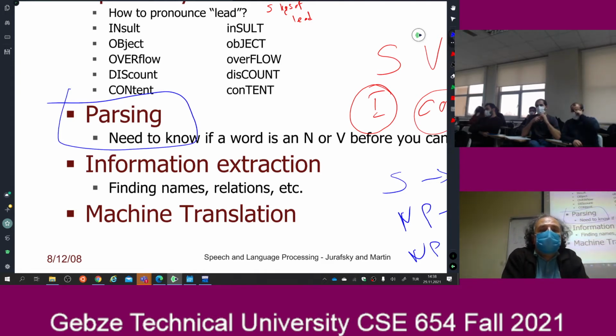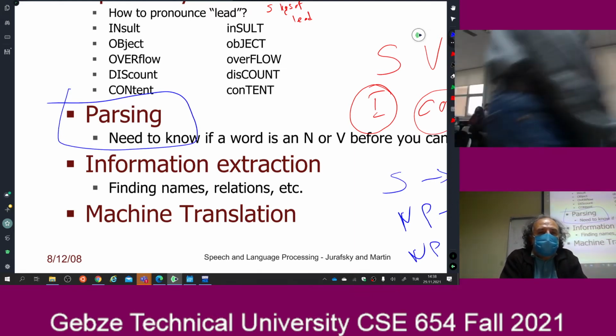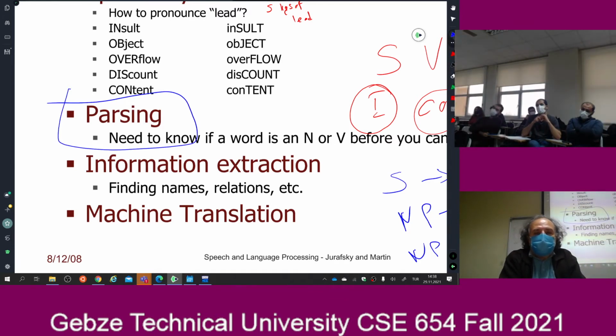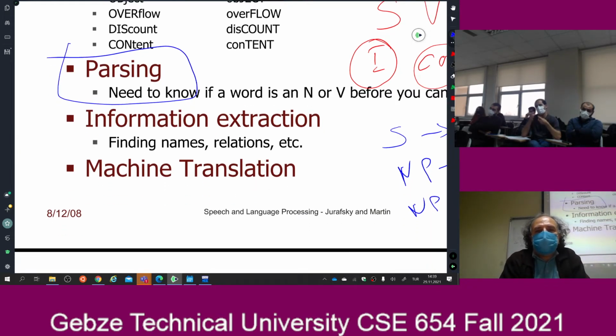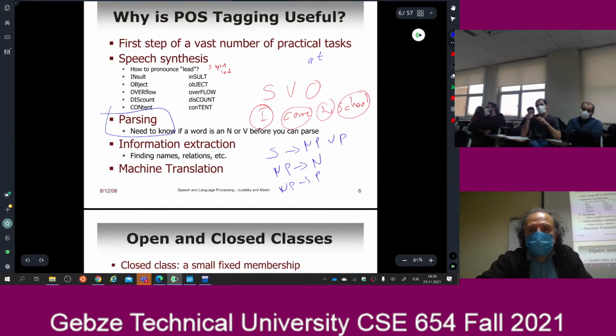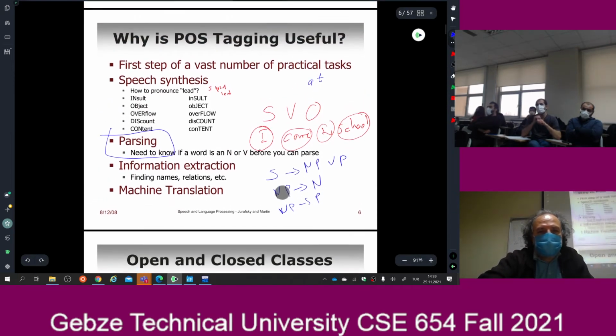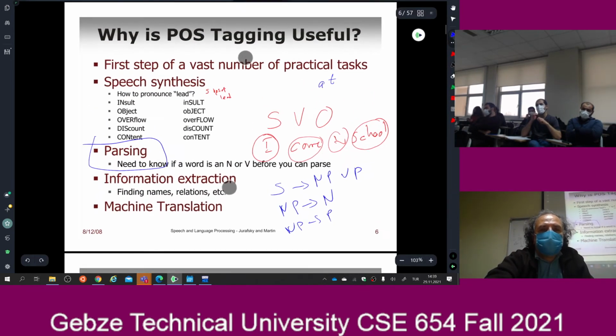But if you search the word put for all the instances of it, sometimes you're going to catch verb put, sometimes noun, sometimes adjective, etc. You need to know what kind of part of speech you have for your words. Of course, machine translation is very important. I don't remember what I did last time here, but you understand why part of speech tagging is useful.